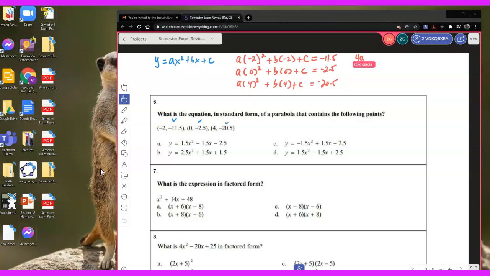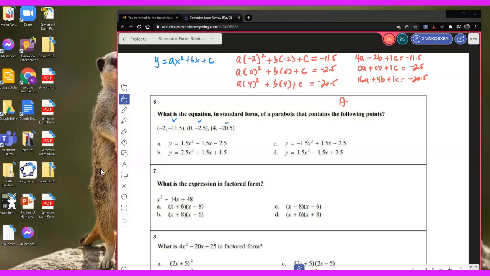So we have 4a minus 2b plus 1c equals negative 11.5. We have 0a plus 0b plus 1c equals negative 2.5. And then we have 16a plus 4b plus 1c equals negative 20.5.